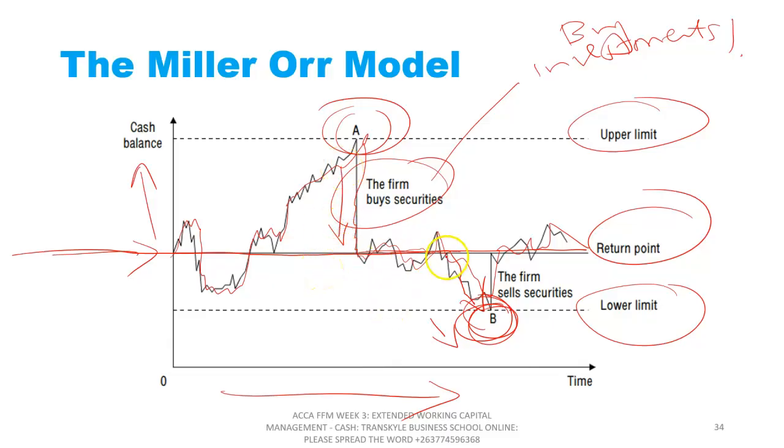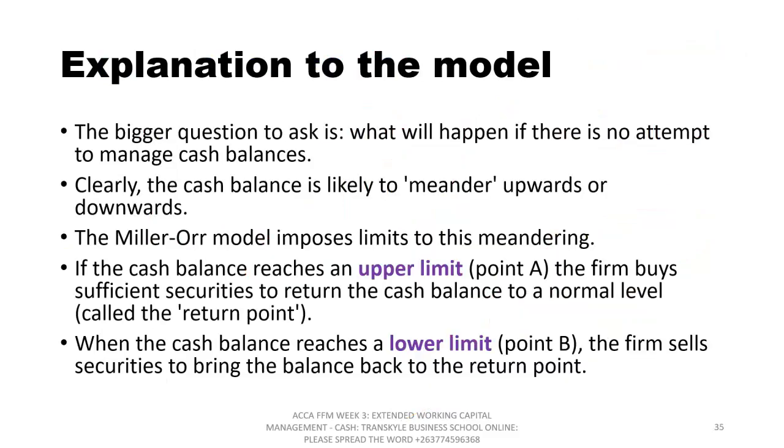However, like I said, it's difficult to maintain the cash on the normal point. Sometimes it goes down to point B. So when we are now at point B, we then have to sell those investments so that we get the money back, so that we return to the return point. That's the idea.